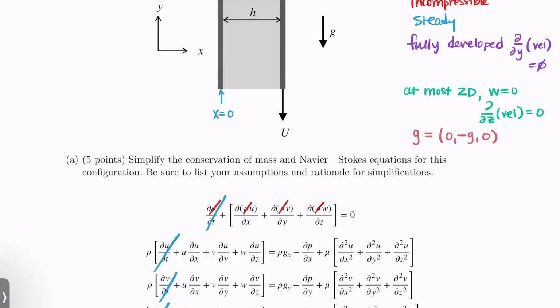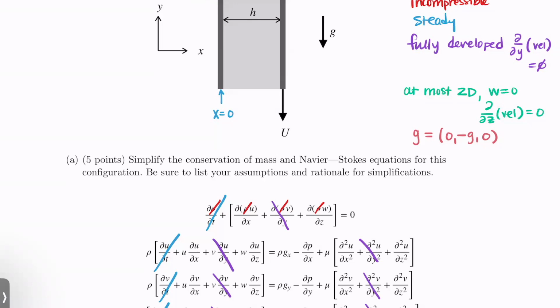And then for fully developed, I'm going to get rid of any derivative with respect to y taken of velocity. All right, so I get rid of this one, this one, this one, this one. And then these 3 on the right-hand side as well.